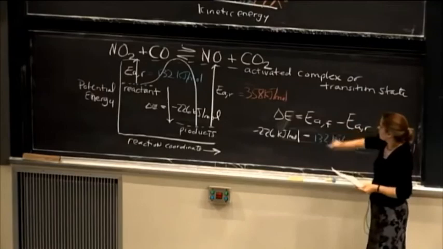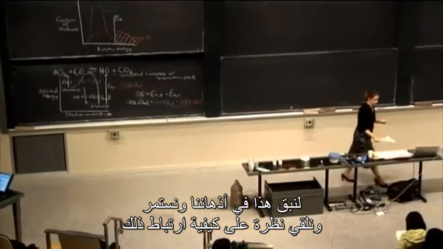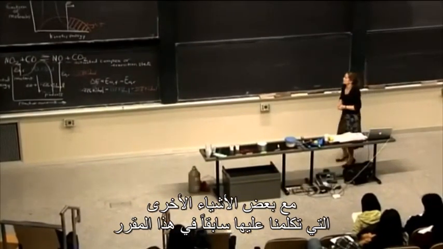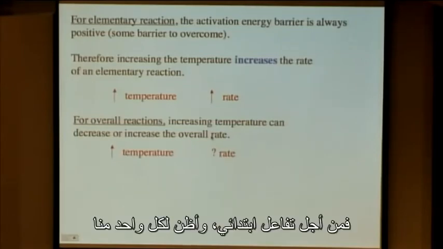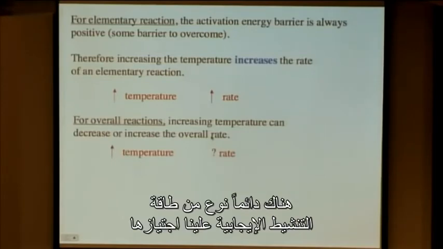Okay, so let's keep this in mind and go on and take a look at how this connects back with some other things that we have already talked about in this course. For an elementary reaction, there's always some positive activation energy barrier to overcome.